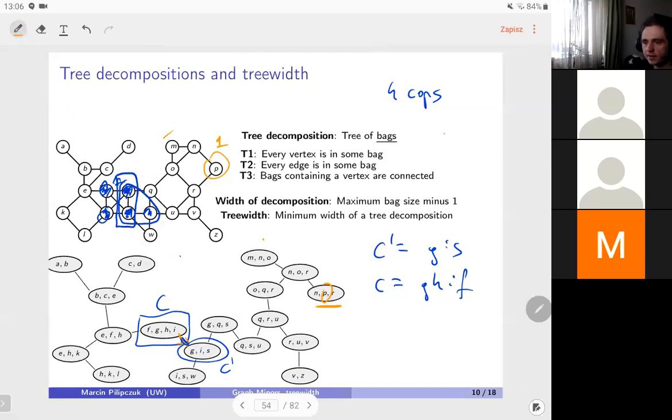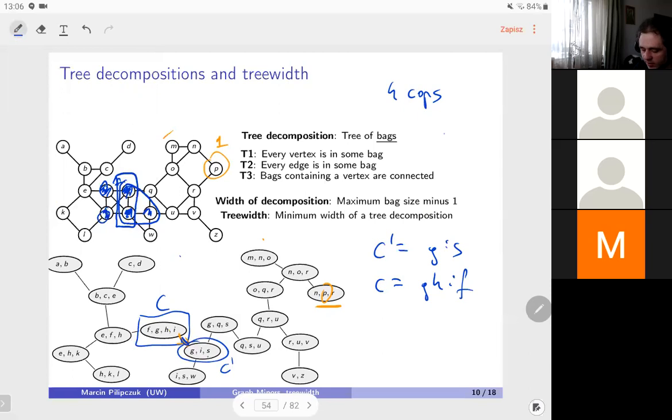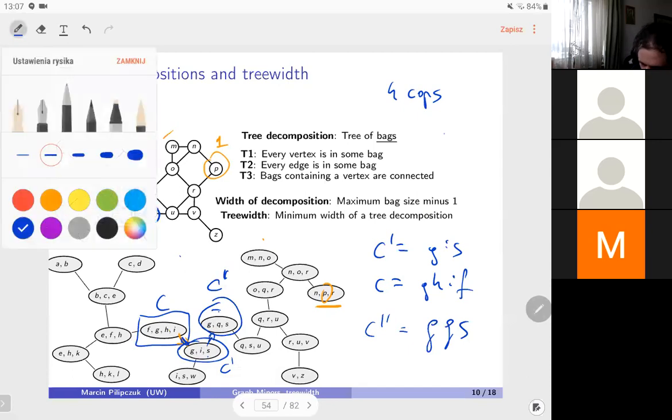Now say the robber says, okay, I'm staying at P. Then in the next round, the cops are at G and S, so in the next step I define C double prime to be G, Q, and S. I move to the next bag in the tree decomposition. So what does it really mean? That the cops at G and S, let me just change the color for now.